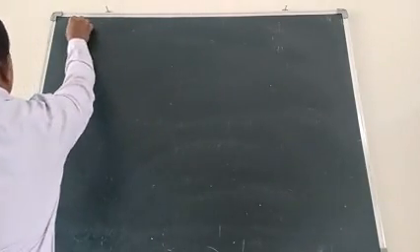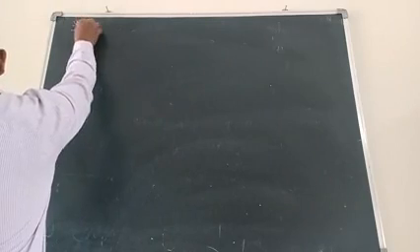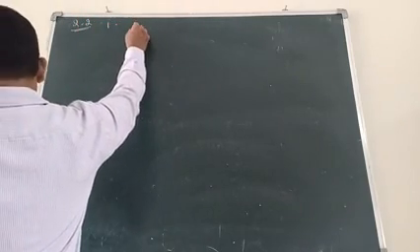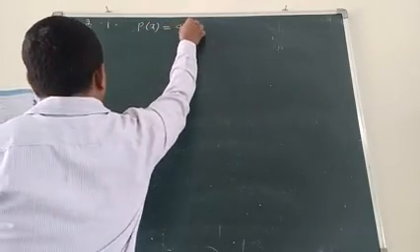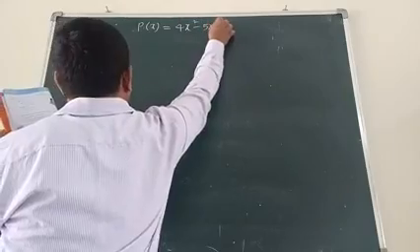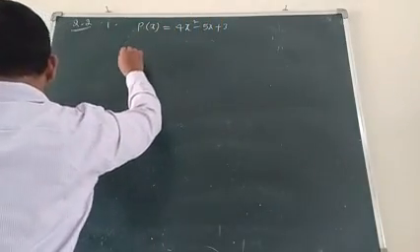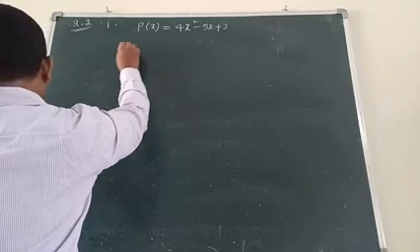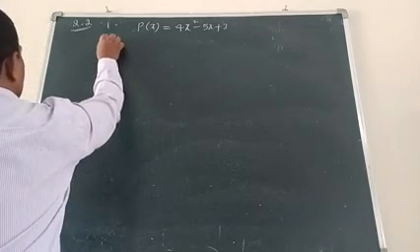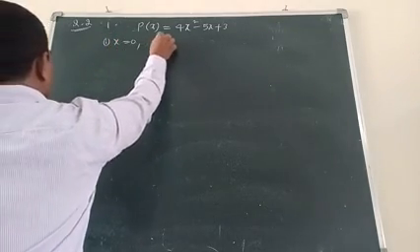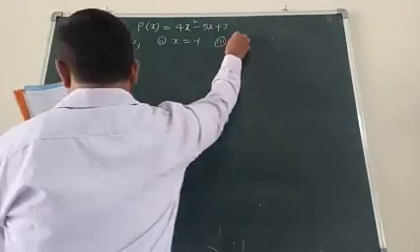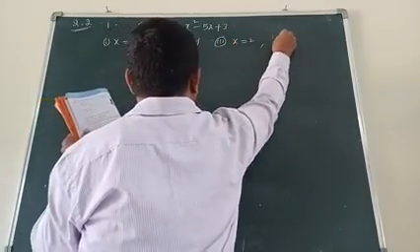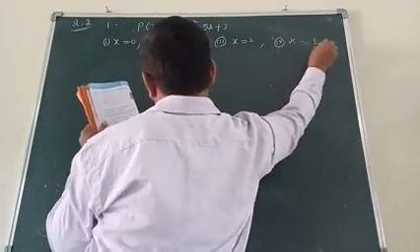What is the given polynomial? 4x square minus 5x plus 3. So find the values of the polynomial at x equal to 0, x equal to minus 1, x equal to 2, x equal to 1 by 2.